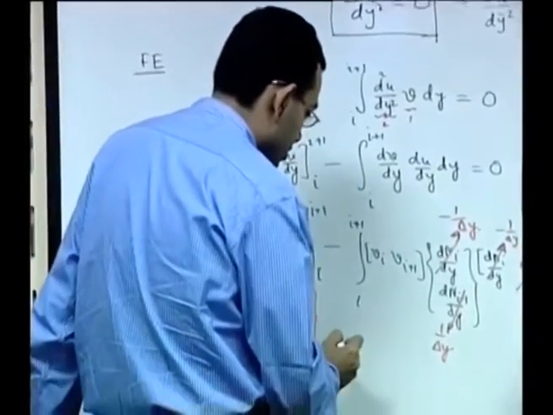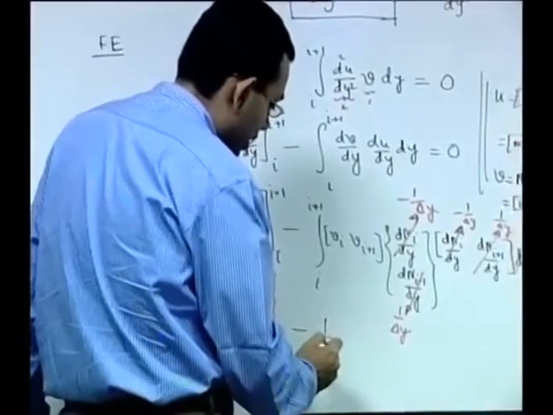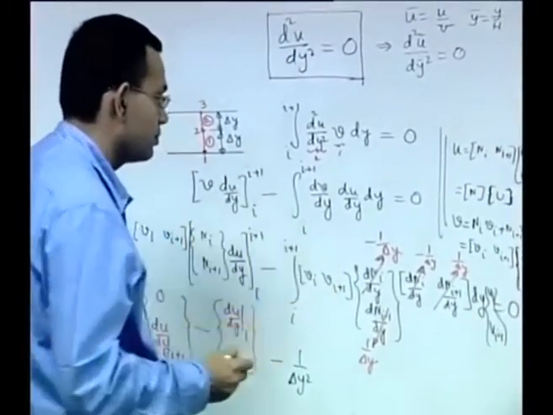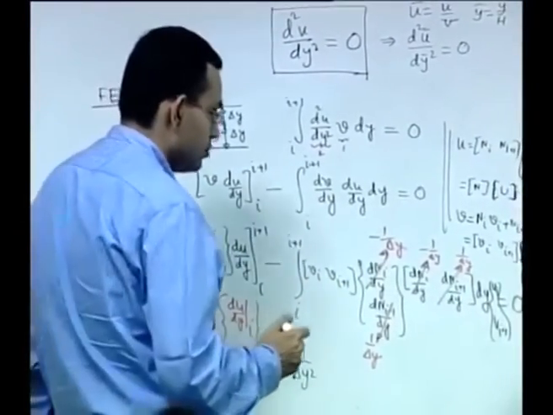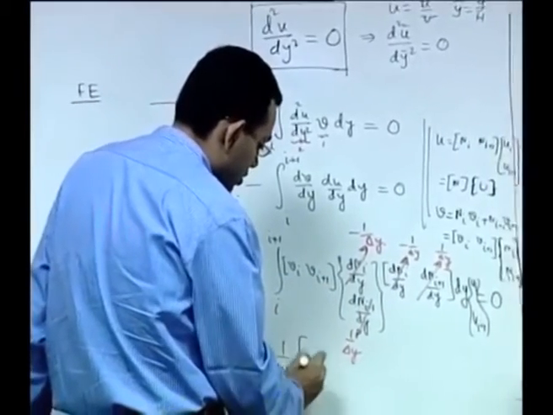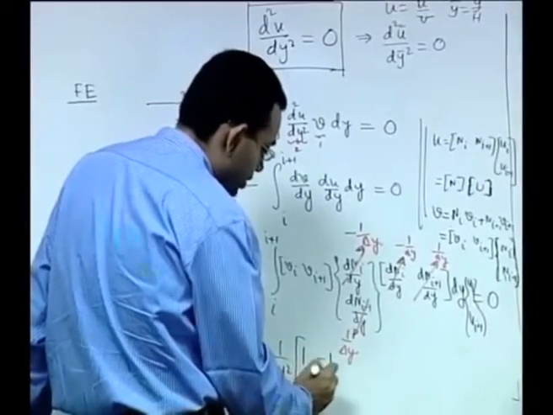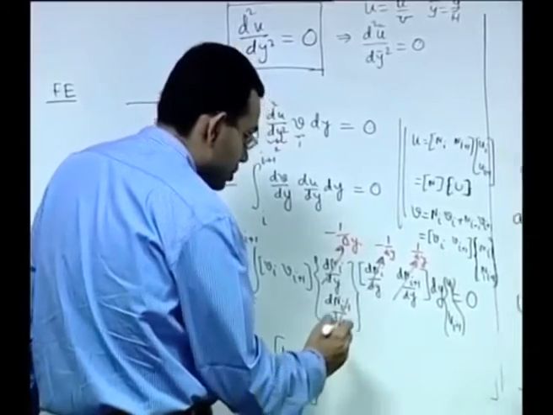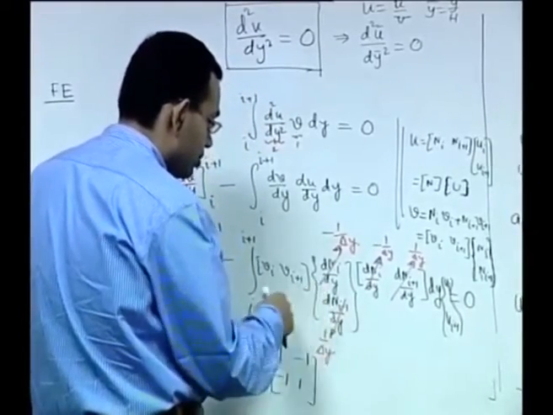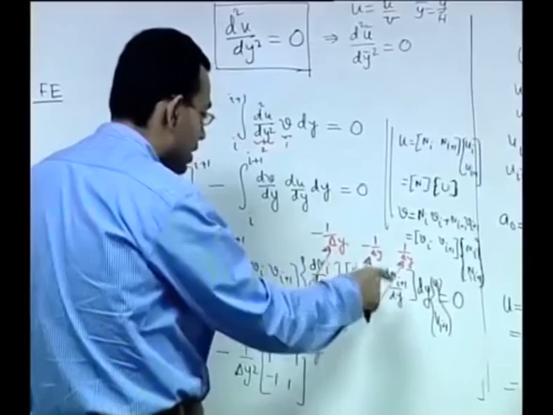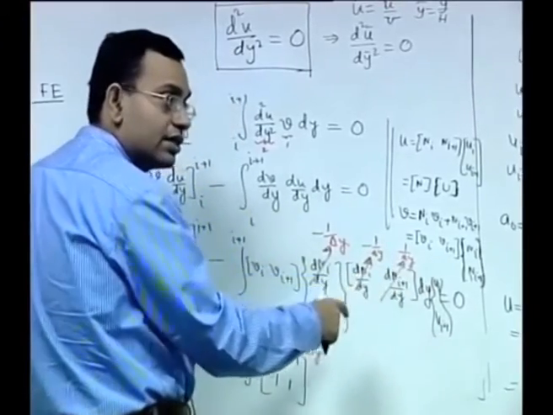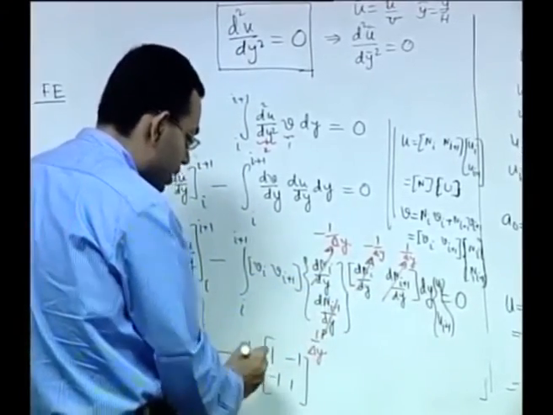Minus 1 by delta y square, then the matrix with 1, minus 1, minus 1, 1. There is 1 by delta y square, then there will be one integral of dy, so that will be delta y, so 1 by delta y will remain.